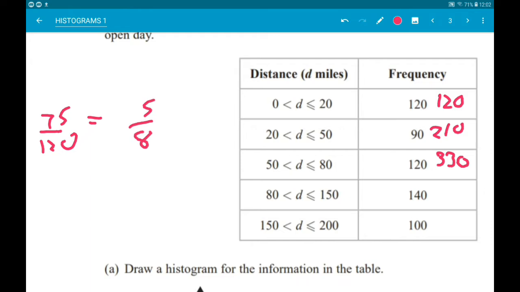Now the interval width in here is 30, so we want to go from 50 and then we're going to add on 5/8 of 30. So 5/8 of 30, if you use your calculator, it's 18.75.